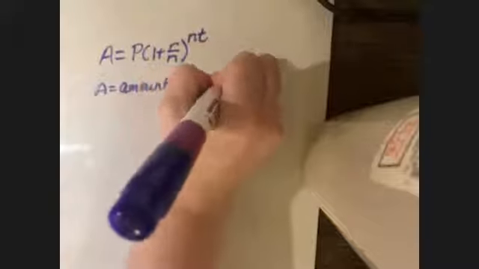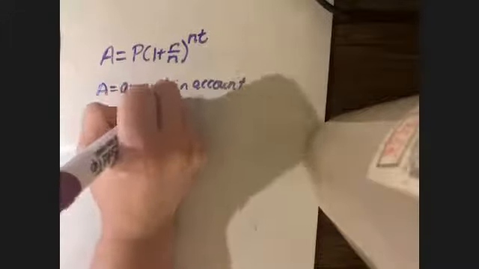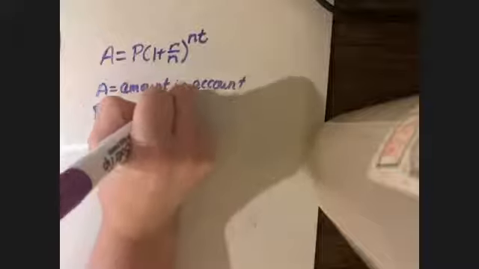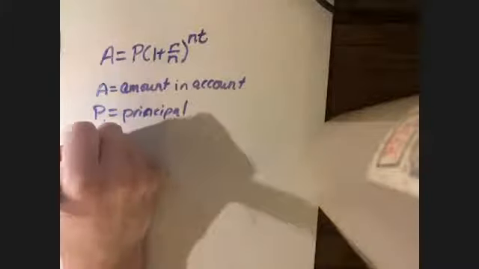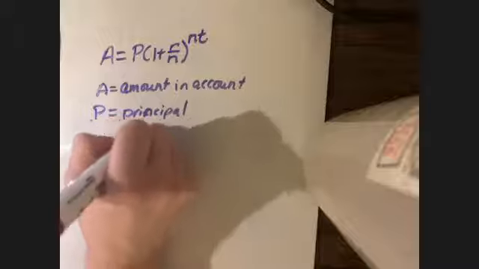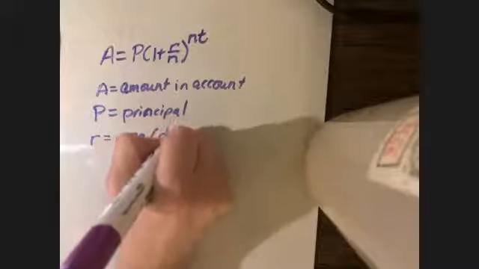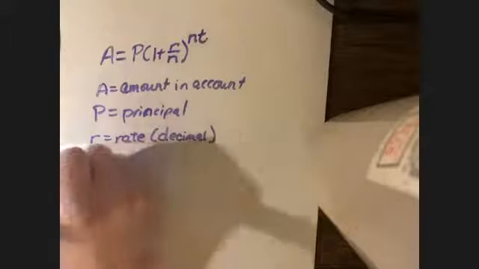Now, A is the amount in the account. This is how much you're ending with. P is your principal, which is your starting amount. R is your rate, and this needs to be in decimal form.